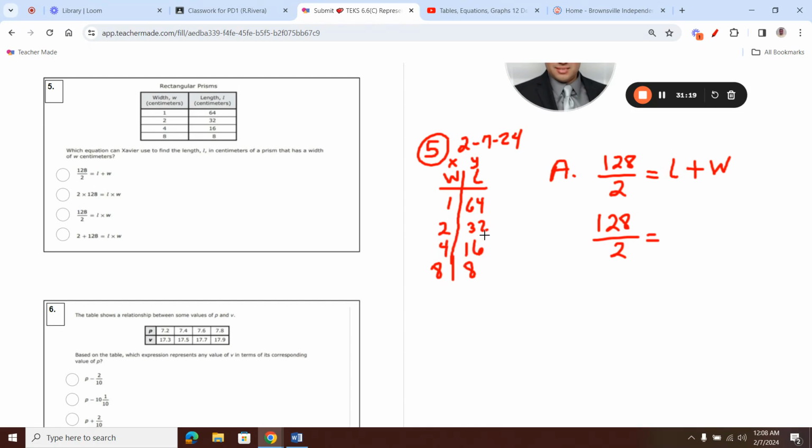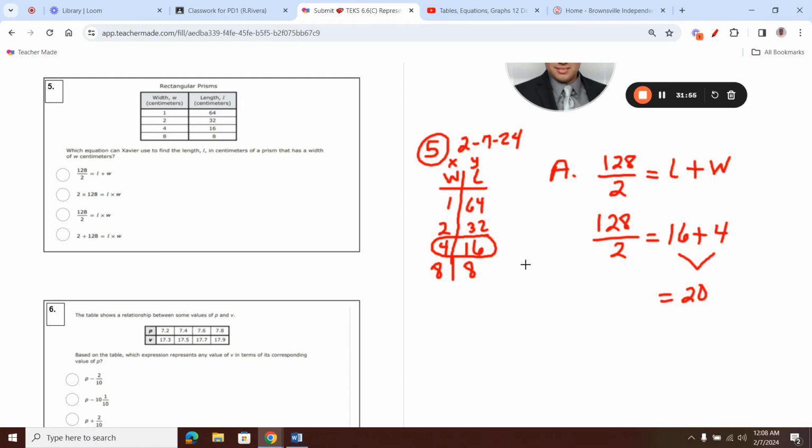I'm going to go with 4 and 16. Now you see the width is 4. You see the length is 16. So that L becomes a 16 and the width becomes a 4. Now that I changed the letters to numbers, I can calculate. 16 plus 4 would be 20.